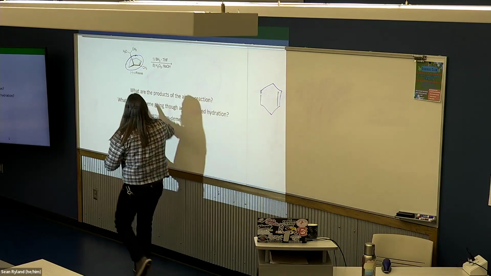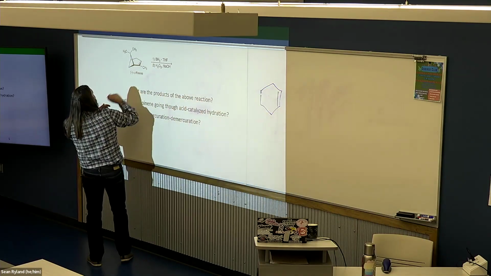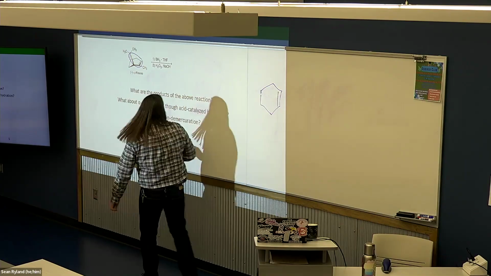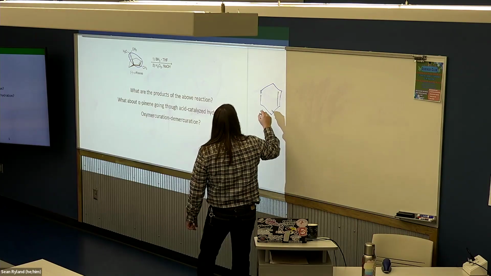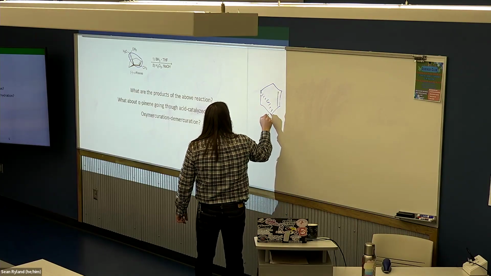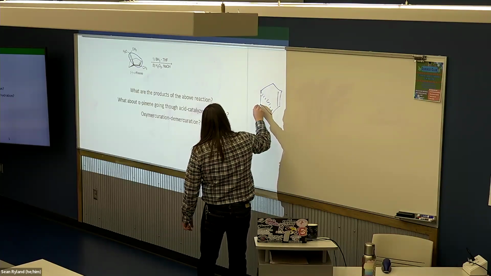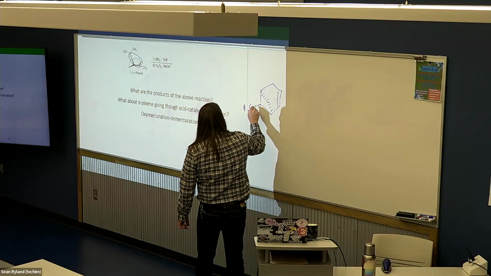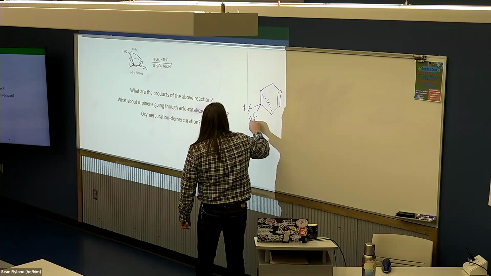If we think of these ones as being the ones that we draw flat, and then we have our two methyls attached here, sometimes it can be easier to redraw it.